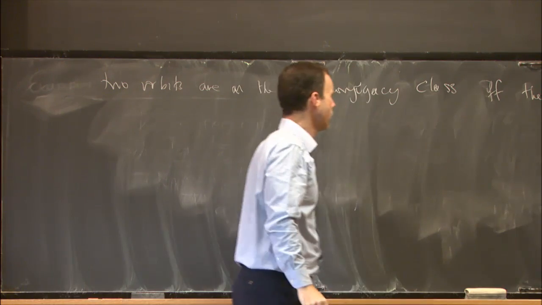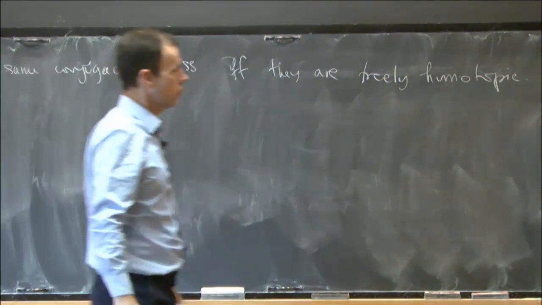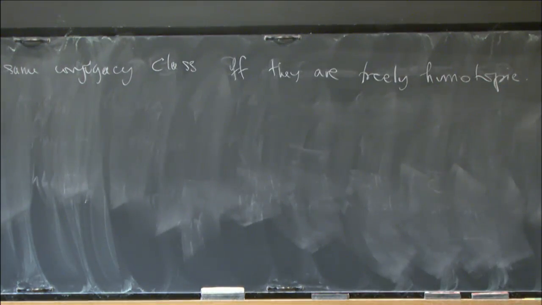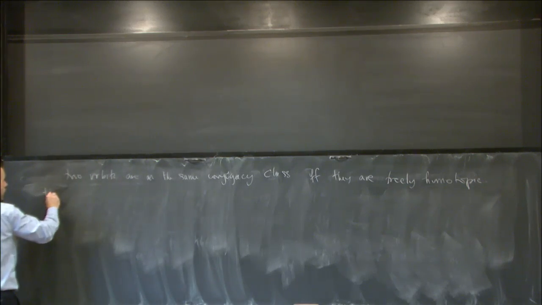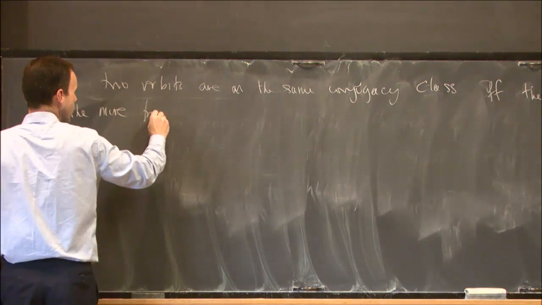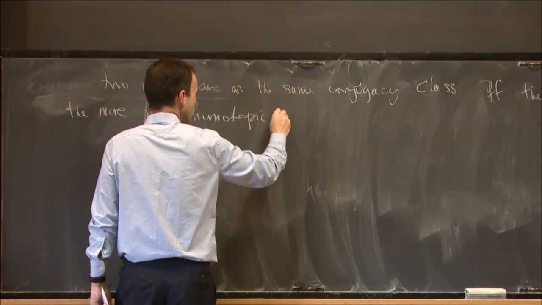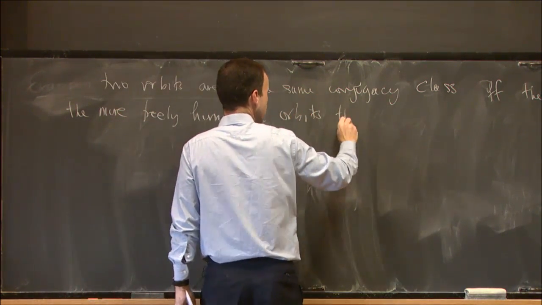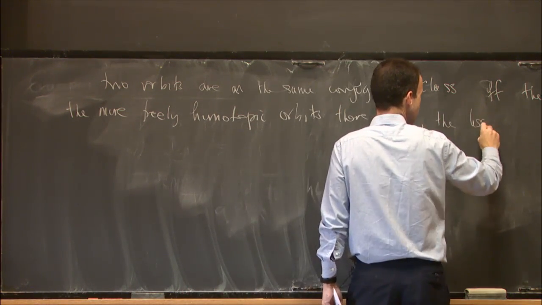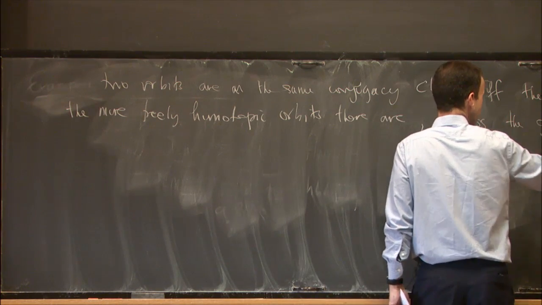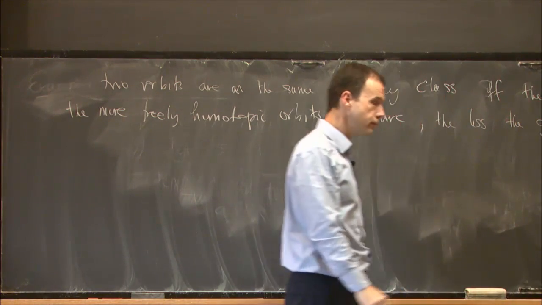Okay. So now I'm going to bunch the orbits which are freely homotopic. So this is really a question now about the conjugacy classes of the fundamental group. So the more freely homotopic orbits there are, the less the growth in question 2. Okay.